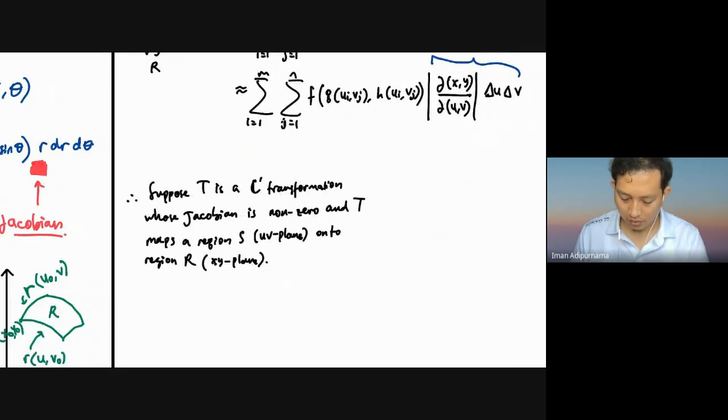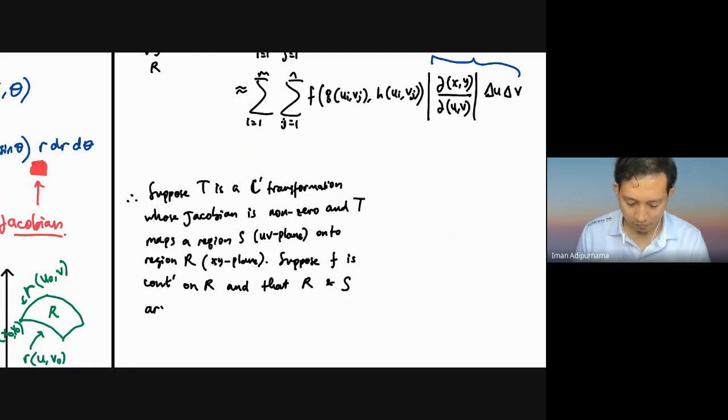And then suppose the function is continuous on R, and that R and S are type 1, type 2 regions, meaning dy dx or dx dy.